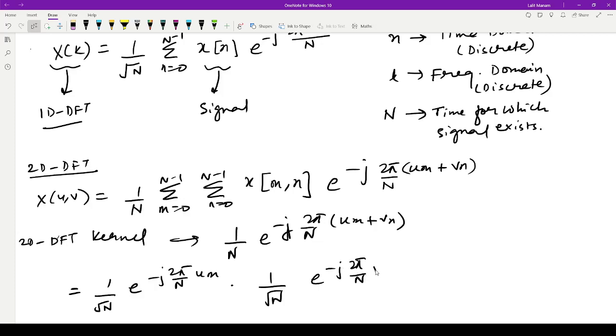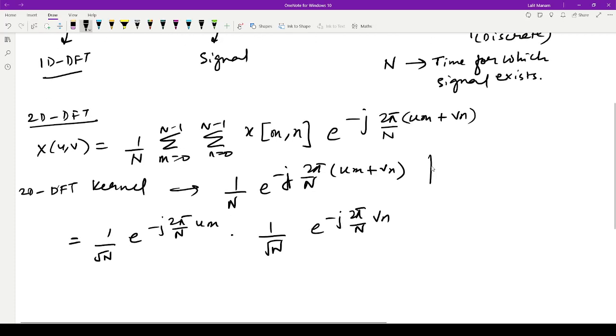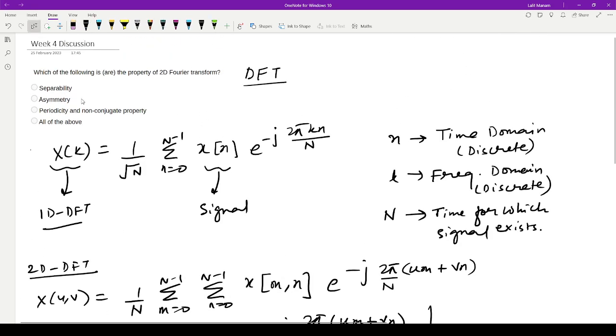Yes. Since this property holds, it is separable. Agreed? So separability is fine.